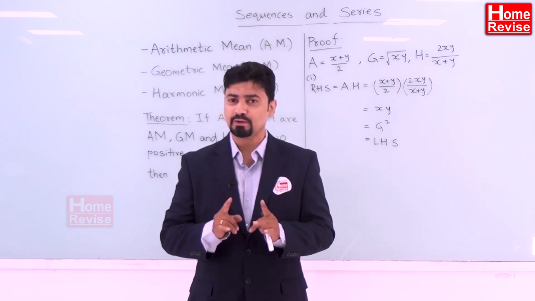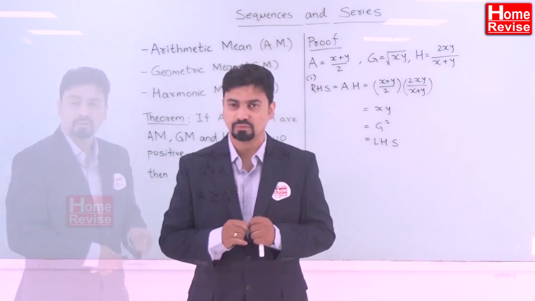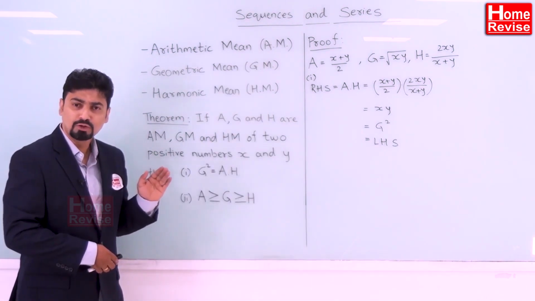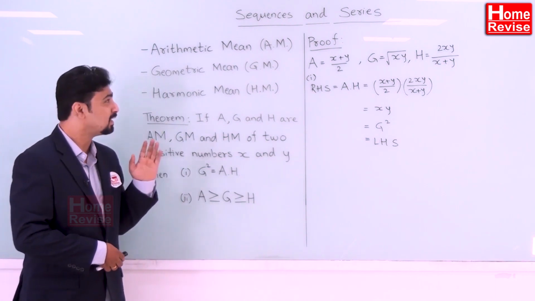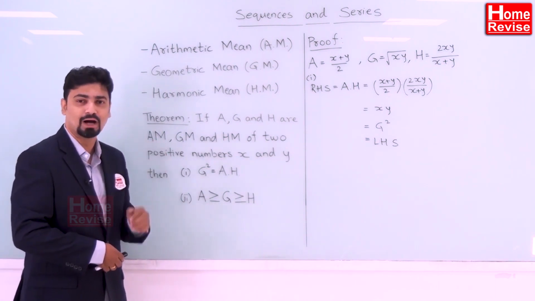Okay, let us see the theorem first and then we'll go ahead with the proof. The theorem that we are going to discuss here is based on the 3 means which we have learned already, that is arithmetic mean, geometric mean and the harmonic mean.